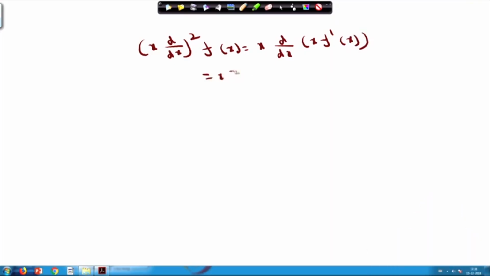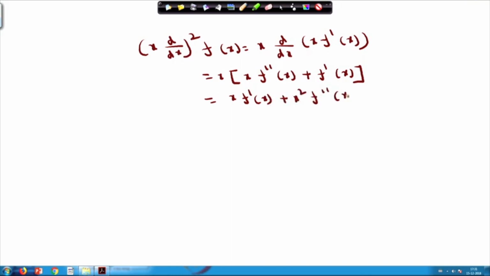So, this equals x into x f double dash x plus f dash x, and this is nothing but x f dash x plus x square f double dash x. So, whatever I showed, that Mellin transform of this part we have shown over here. So, this is fine.